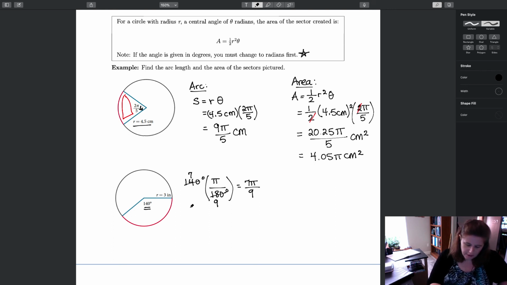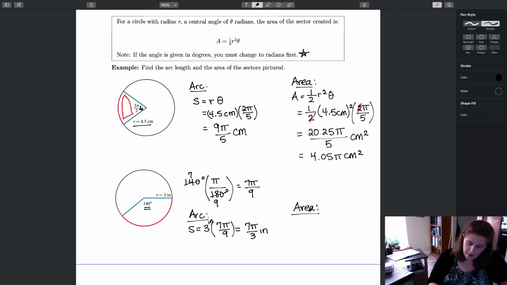All right, arc length, S is equal to r theta, so S is equal to the radius, which is 3, times theta, 7 pi over 9. This is in inches. Canceling the 3 into the 9, I get 7 pi over 3 inches for my arc length.